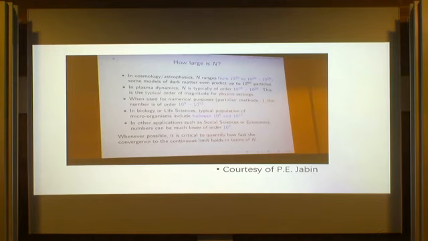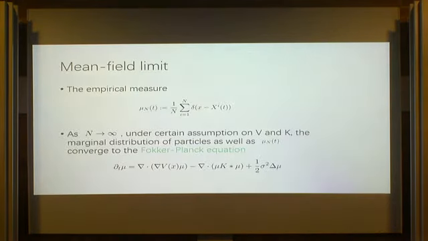It's not that we don't know how to solve ODEs, but the question is we cannot afford it when N is very large. On the other hand, sometimes when N is very large, you can take a mean field limit.